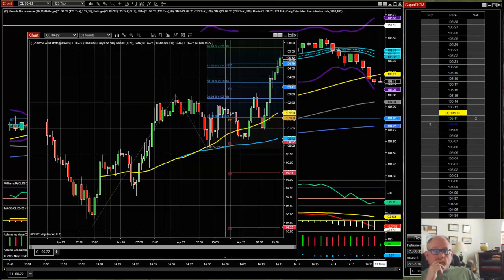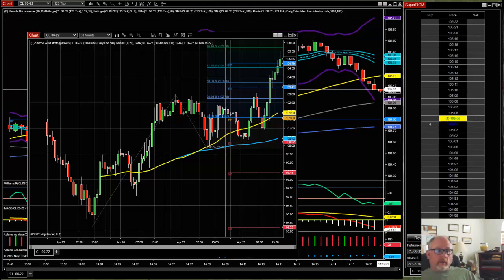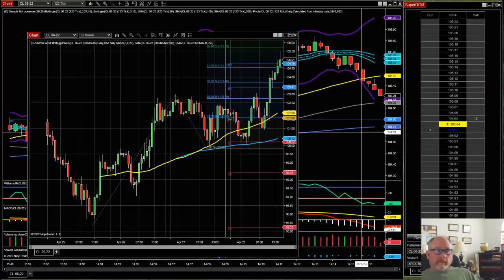Coming down. Makes sense for it to go back to the 104.97 prior break.